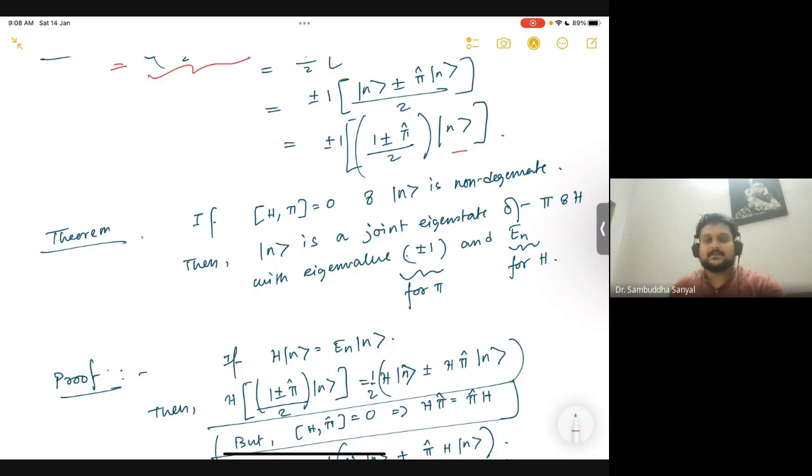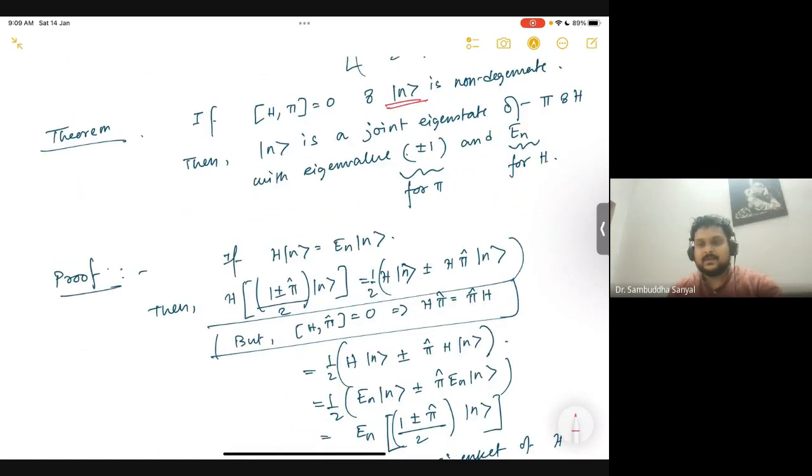If two matrices are connected by a similarity transformation, then their eigenvalues are the same, but the eigenvectors need not be the same. Anyway, we wanted to prove that if they commute and |n⟩ is an eigenstate of H with eigenvalue E_n, then |n⟩ is also an eigenstate of Π with eigenvalue either plus 1 or minus 1, since these are the only two possibilities.